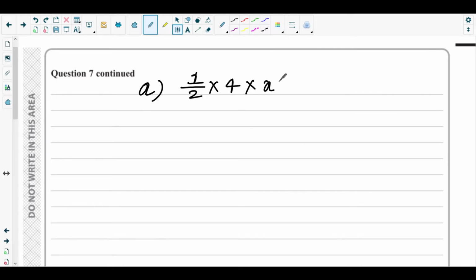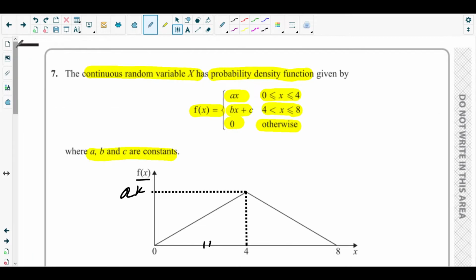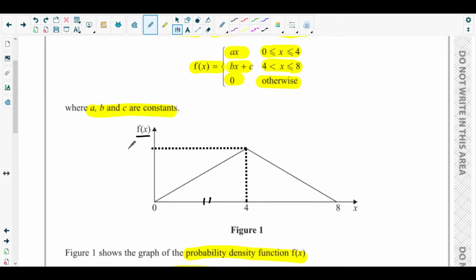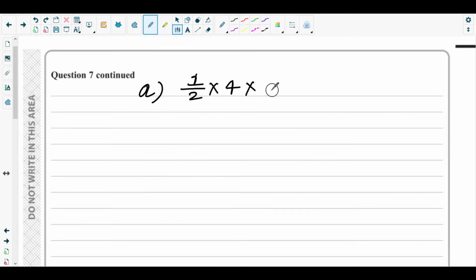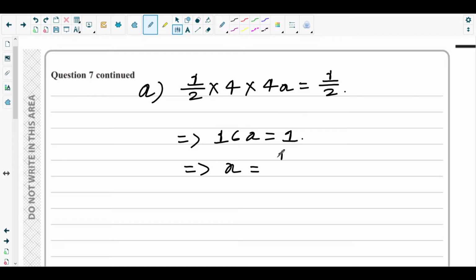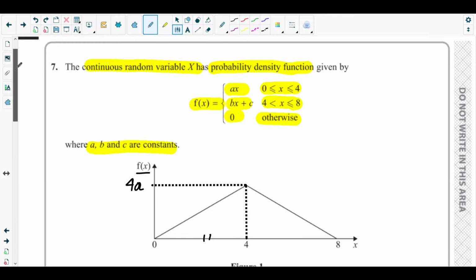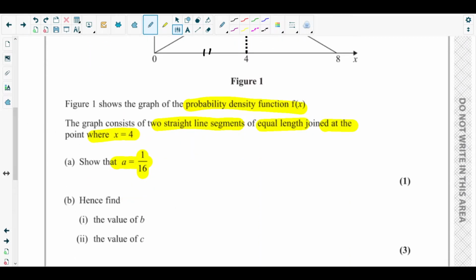The value for x is 4 there, so we have to put not ax, it should be 4a. So half times base times height is 4a, and this equals half, right? Half cancels out, so 16a equals 1, so a equals 1 over 16. We have shown successfully that the value for a is 1/16.